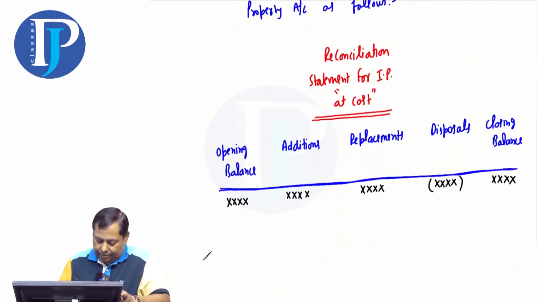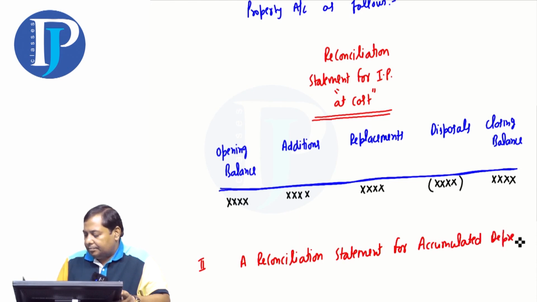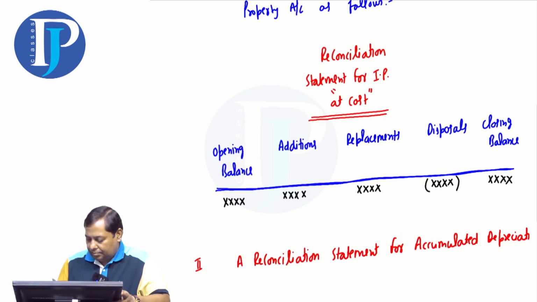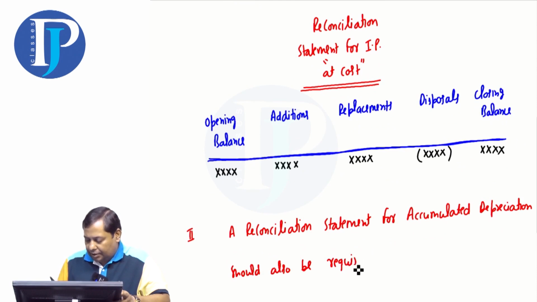You'll have to give another disclosure. A reconciliation statement for accumulated depreciation should also be required.